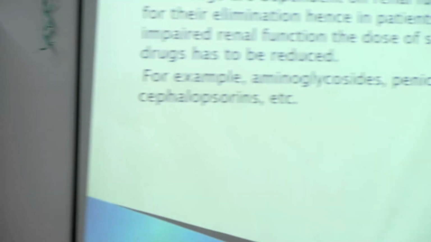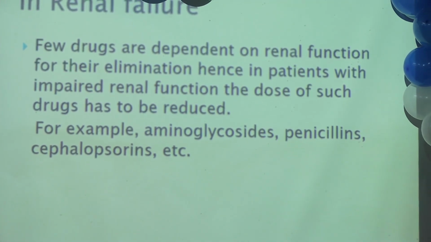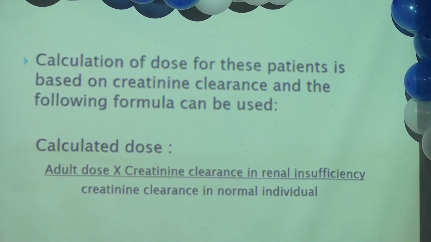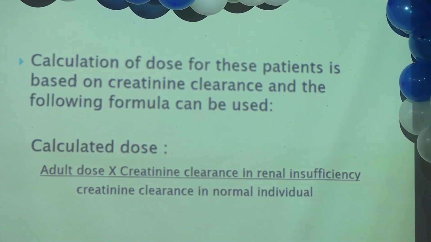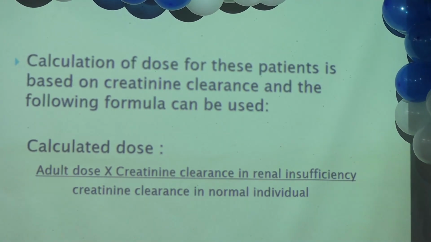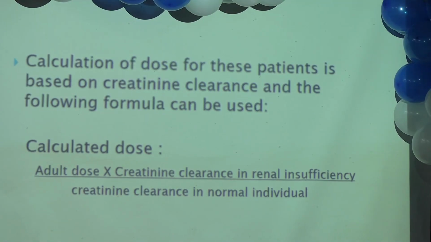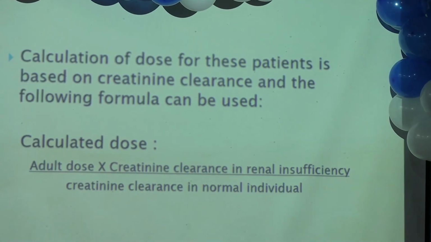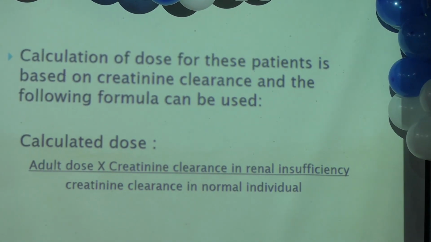That is why we reduce the dose of the drug in renal failure or renal dysfunction. The dose calculation for these patients is based on creatinine clearance. Have you heard the term creatinine? What is that? Produced by muscle.